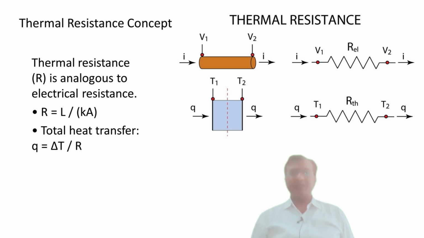Thermal resistance is a key tool in engineering, allowing us to quickly calculate heat transfer in complex systems like multi-layer walls or composite materials. By treating conduction as a resistance problem, we can analyze and optimize systems efficiently. Let's move on to conduction in cylindrical geometries like pipes, where thermal resistance takes a different form.